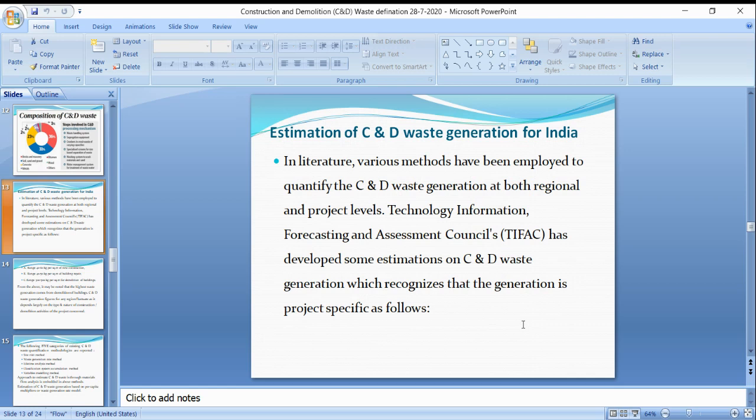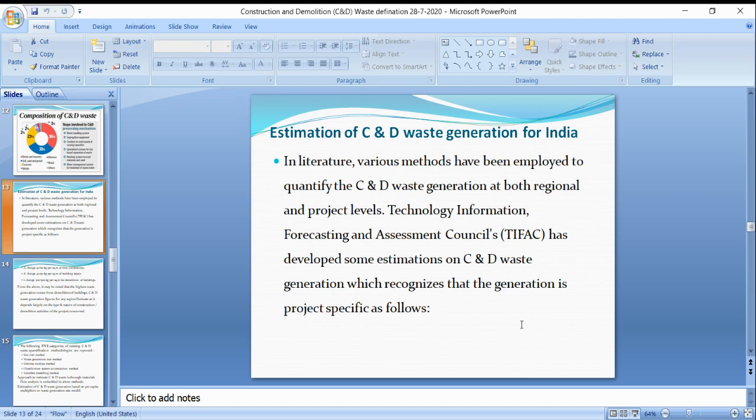So how will we estimate the construction and demolition waste generation in India? Various methods have been employed to quantify the construction and demolition waste generation, at both regional and project level. Technology Information, Forecasting and Assessment Council, called TIFAC, has developed some estimations on C&D waste generation, which recognize that generation is project specific.